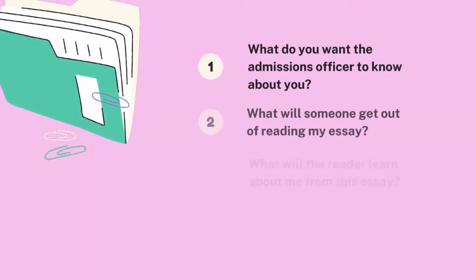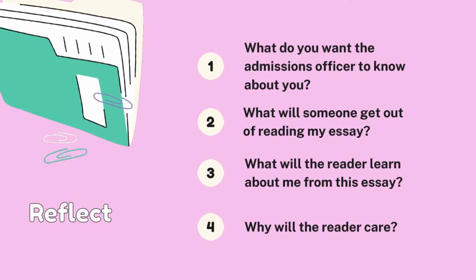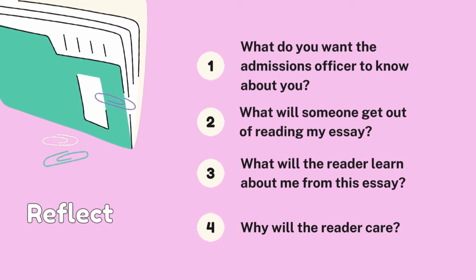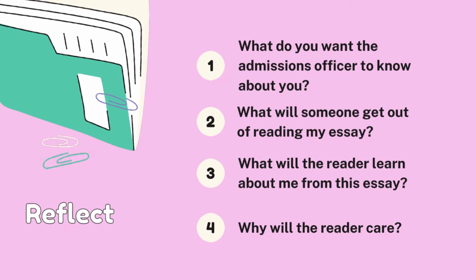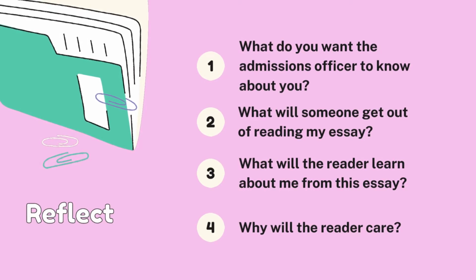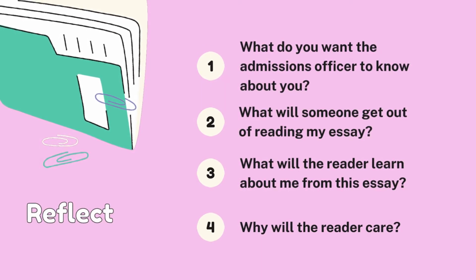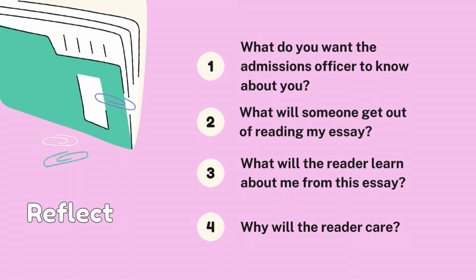So the next big thing when you are brainstorming, and even when you are writing and proofreading your college application essays, is that you always want to ask yourself, what do you want the admission officer to learn about you by reading this essay? Additionally, you want to reflect on what the admission officer will actually get from reading my essay.